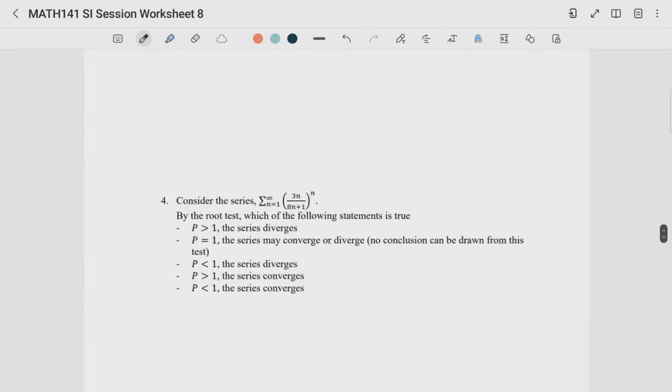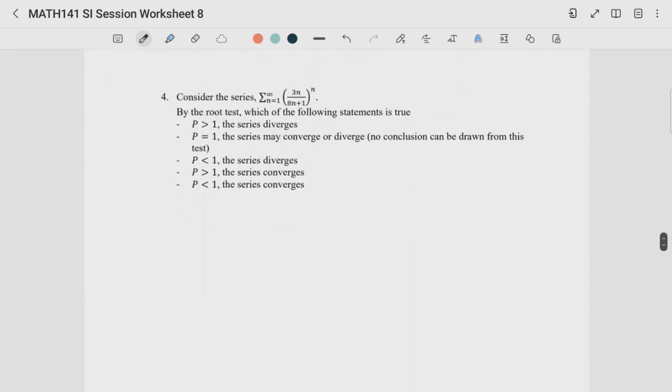Now, moving on to the next question. We are given a series from n equals 1 to infinity of (3n over 8n plus 1) to the n, right? And we are asked to use the root test and check which of the following is correct.